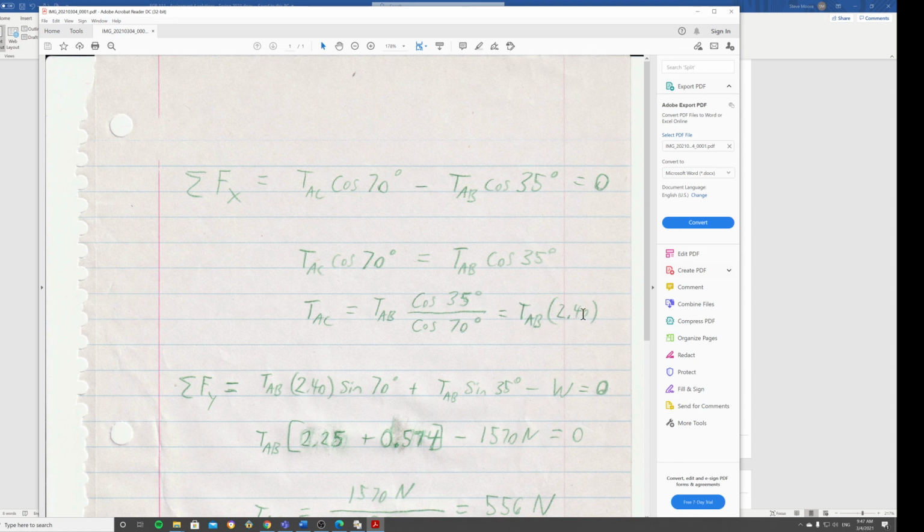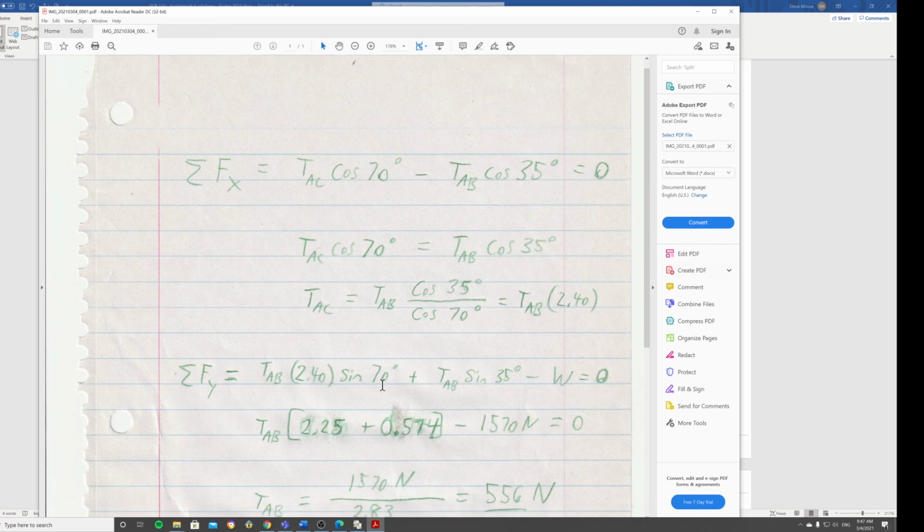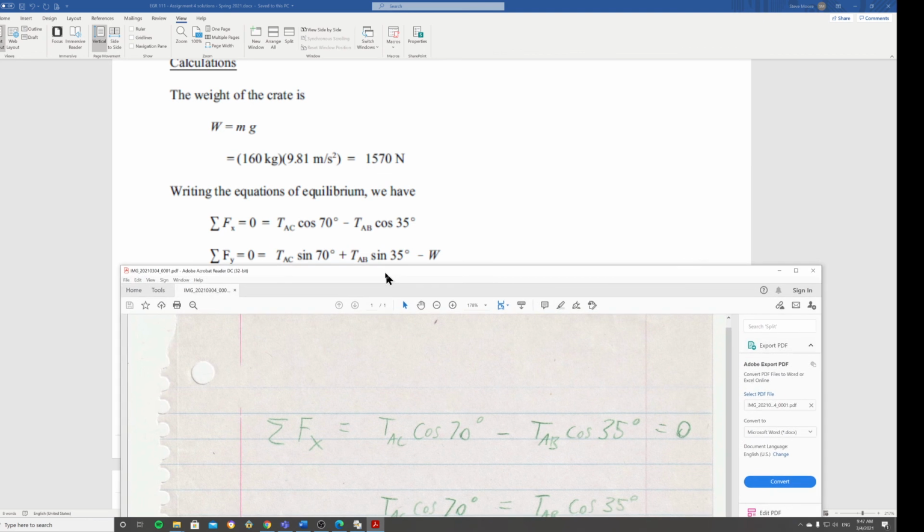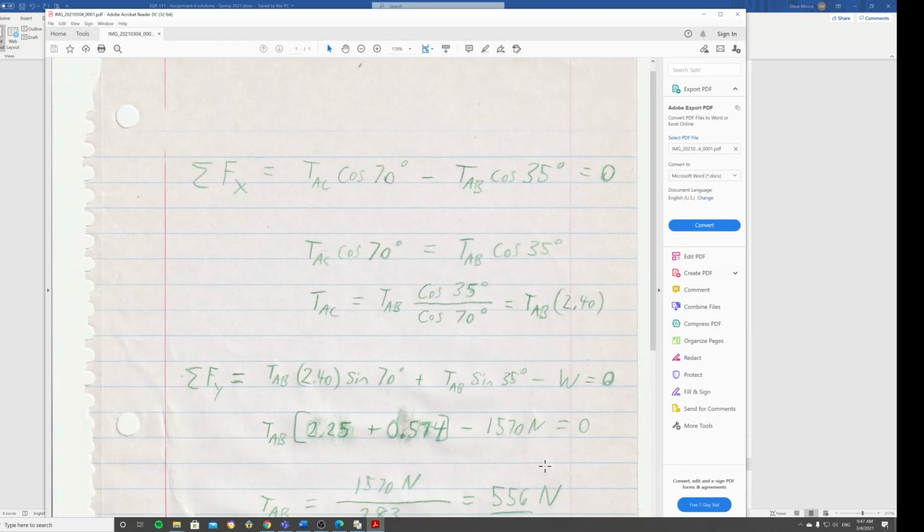When I did that and substituted in, I have TAB times 2.4. Now I took that equation, TAC in terms of TAB, and substituted in for TAC with TAB times 2.4 into the summation of the forces in the y direction, which is just this equation here. When I solve 2.4 times sine of 70 degrees, I come up with 2.25, and then TAB sine of 35 degrees comes up to be 0.57.